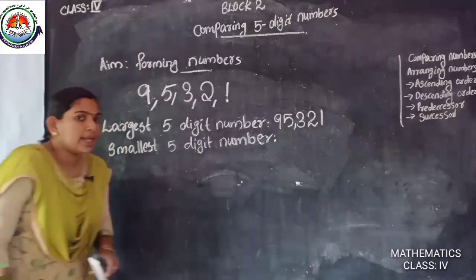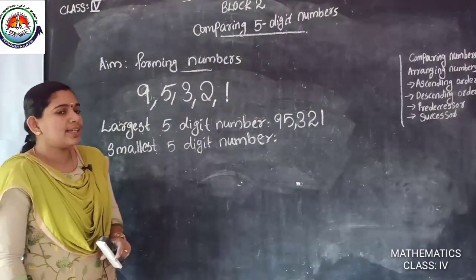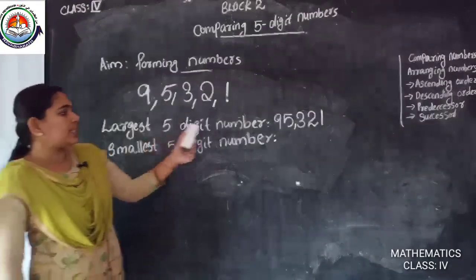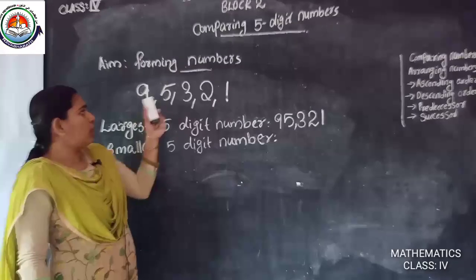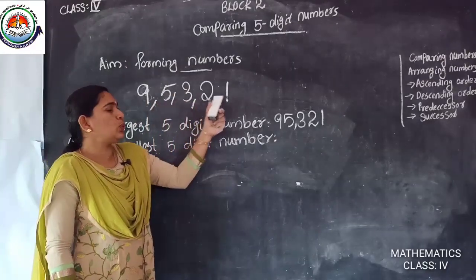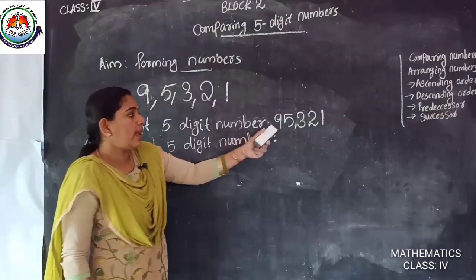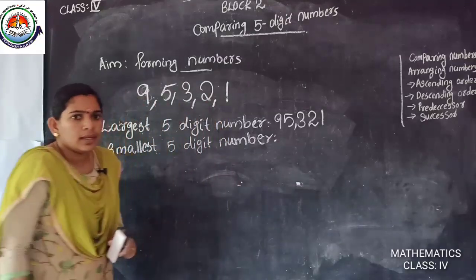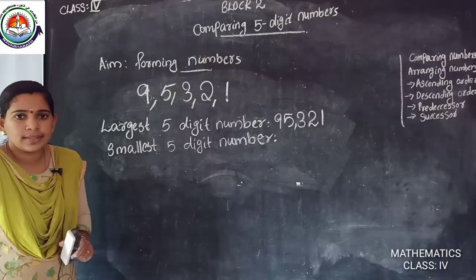What is this number? 95,321. Okay. What is the largest 5-digit number using 95321? It is 95,321. Okay. Did all get this answer?